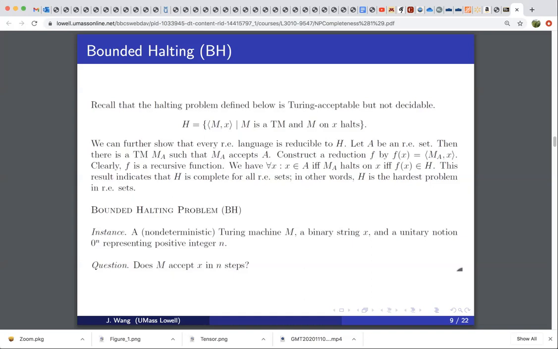So we show that H is complete for Turing acceptable languages.